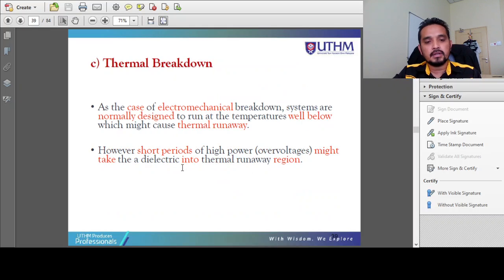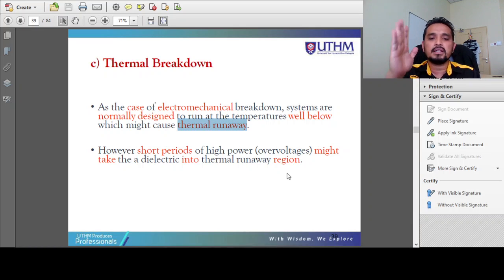Thermal runaway is the temperature at which a small increment in temperature beyond this point will cause the failure of that particular material or distortion of the original characteristics of the material.